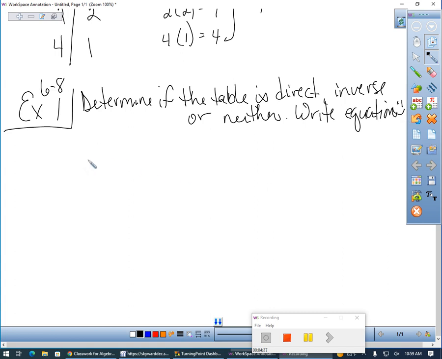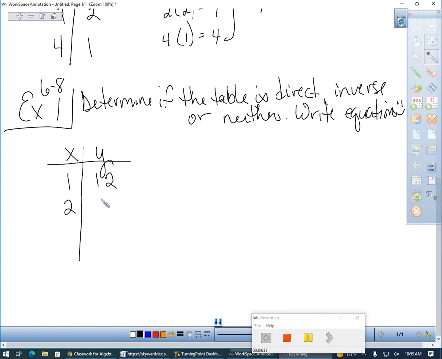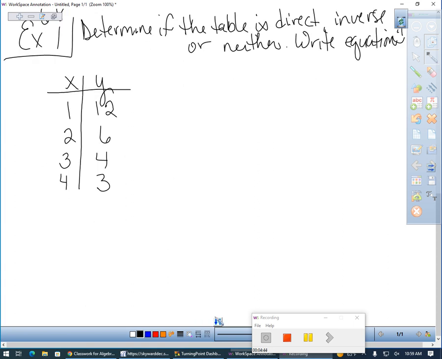All right, so here we go with your first table. Let's say my x and my y. I have 1, 12, 2, 6, 3, 4, 4, 3. We want to determine if this is an inverse, a direct, or neither. So let's start with our inverse. To do our inverse, remember that k is equal to x times y.